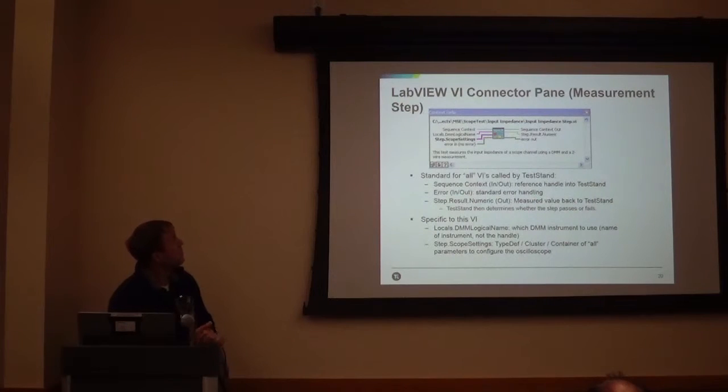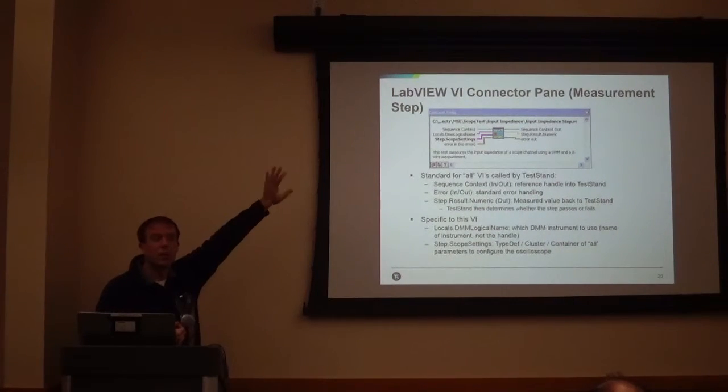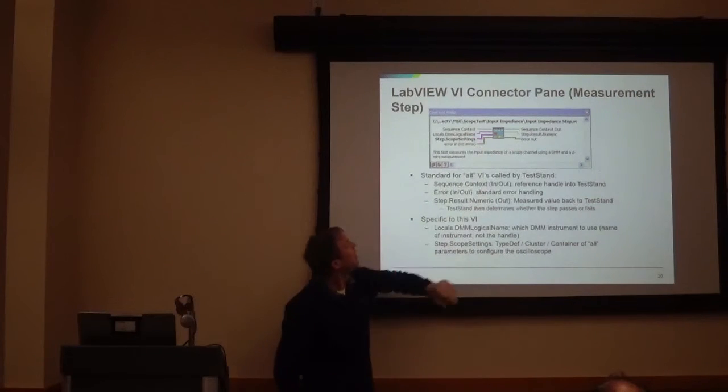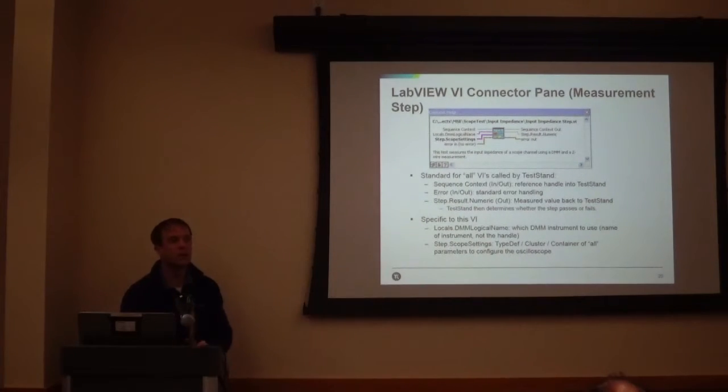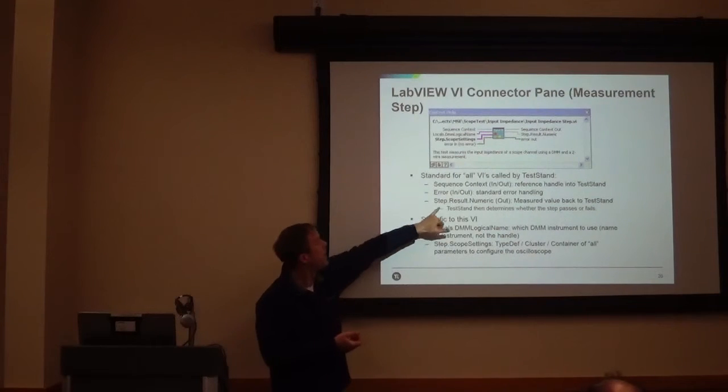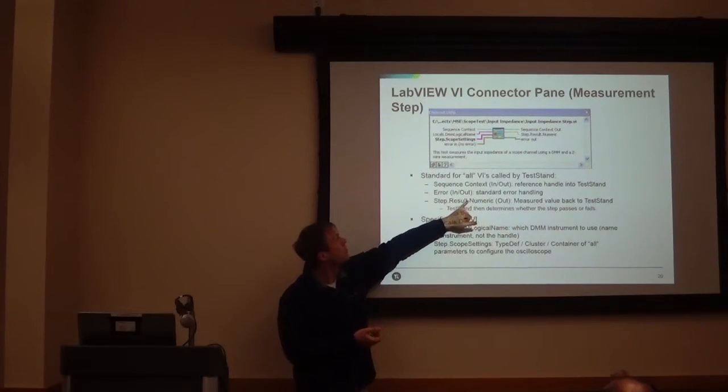LabVIEW VIs from there. This is pretty much the standard connector pane for setting up any measurements or what we would have for a LabVIEW code module. We have a sequence context wire coming in and out for connectivity back into TestStand, my handle back into TestStand for getting any information in or out, error in and out, and then measurement value or step result in there.